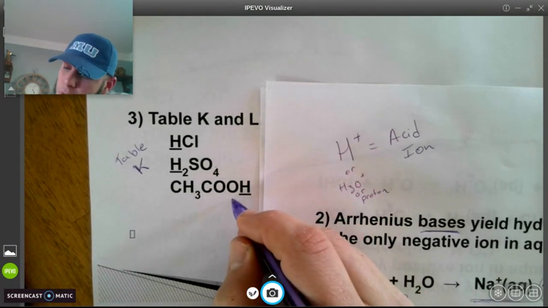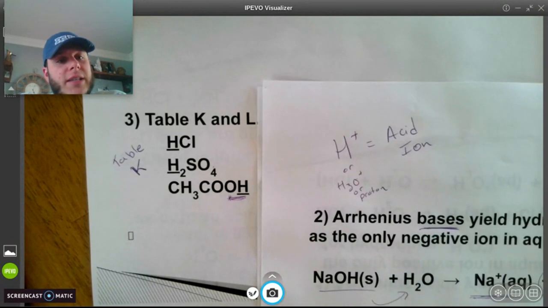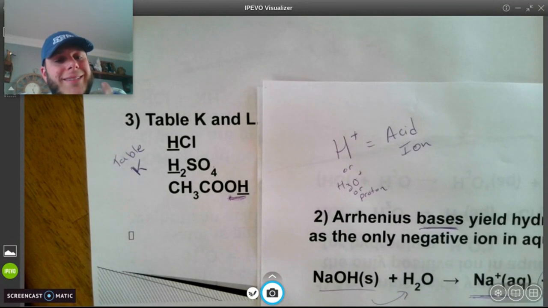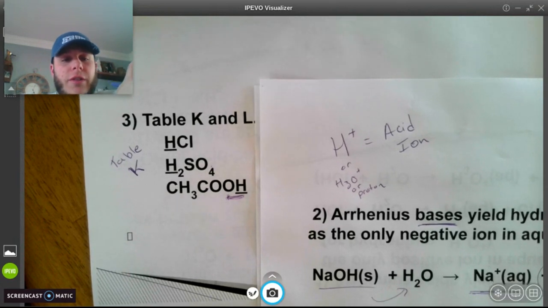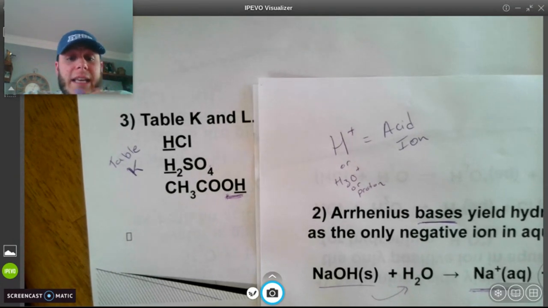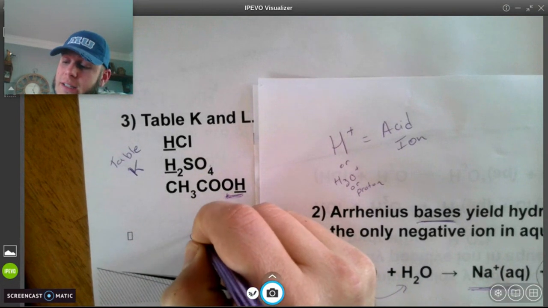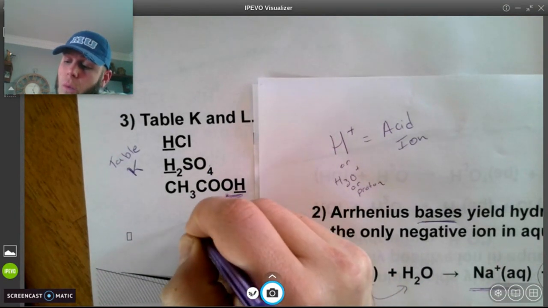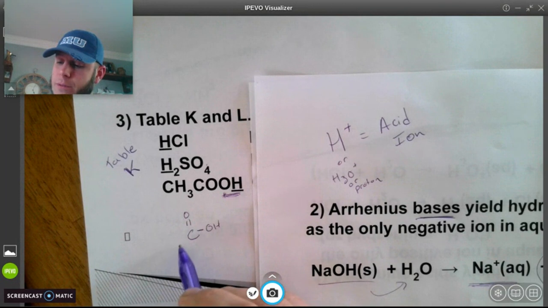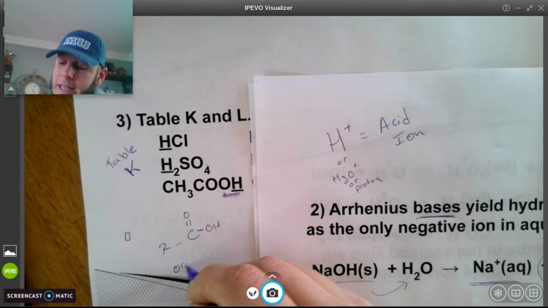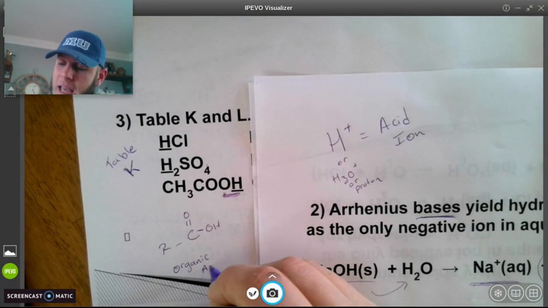Some people might be wondering why this OH is in that table. If you remember back to organic chemistry, the COOH group was called an organic acid.